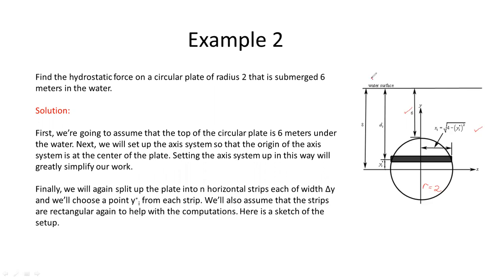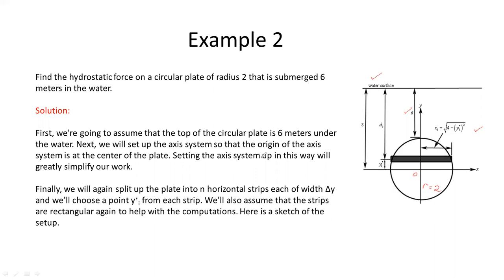This is your water surface here. Next, we will set up an axis system so that the origin of the axis system is at the center of the plate. So this is your 0, 0 coordinate. And we will use the usual way of representing the axis. Horizontal is x and vertical is y.